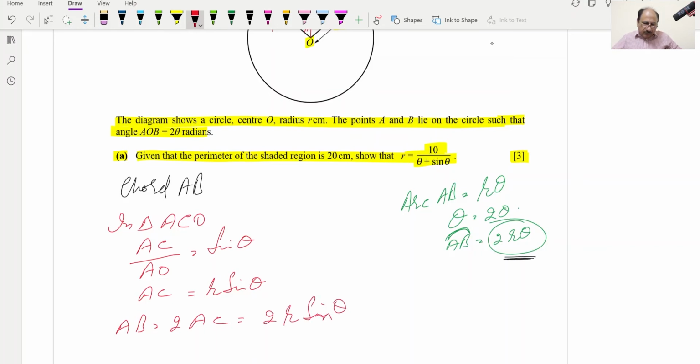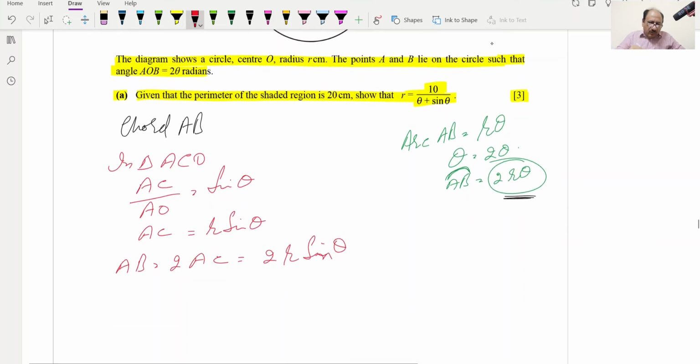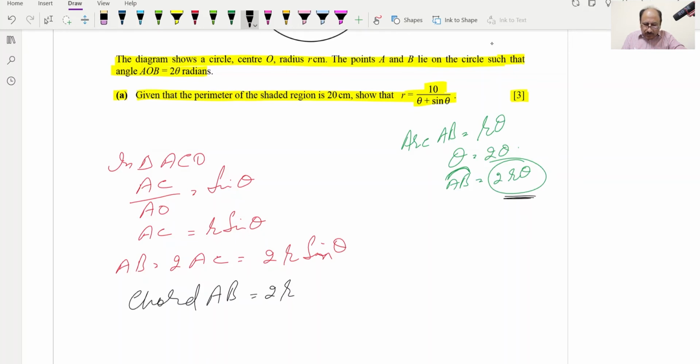This is how we reach this one, and now we can write chord AB is equal to 2R sine theta, and the perimeter will be chord AB plus this arc, so 2R sine theta plus 2R theta.